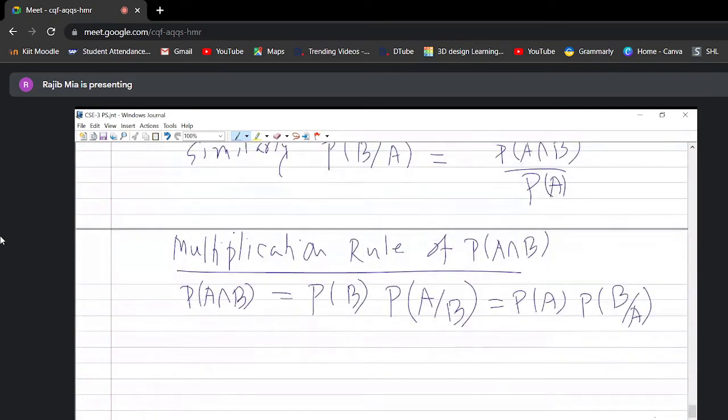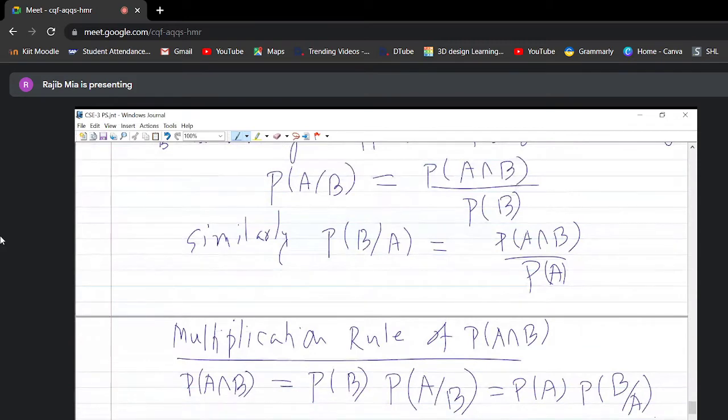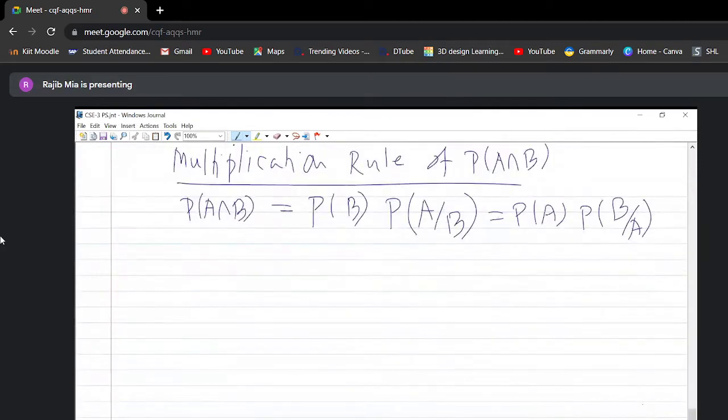Now we take one example of how to find the probability using this definition of conditional probability.